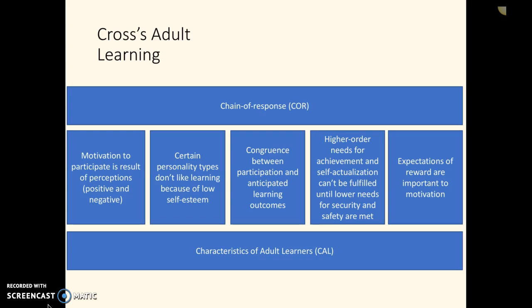And then the characteristics of adult learners, and really in there, what she does is she looks at how adult learners are different than children, and you have andragogy versus pedagogy, and then she goes through and looks at those different characteristics and how they relate to the strategies that you would use to teach them best.